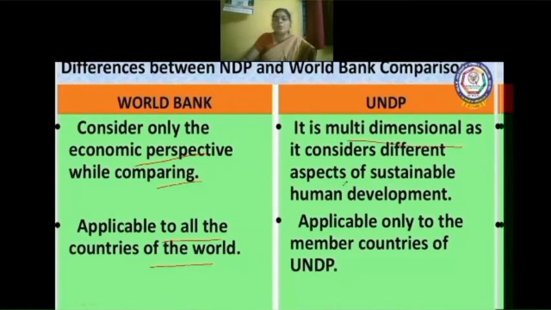It brings overall development, that is, continuous sustainable human development, through life expectancy and other indicators of human development, education, etc. It is applicable only to the member countries, not all the countries of the world.